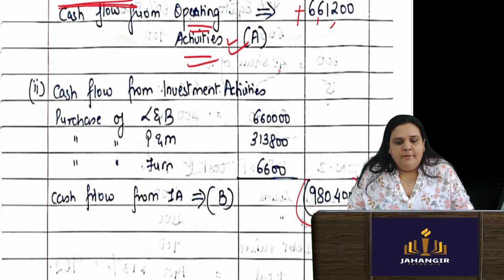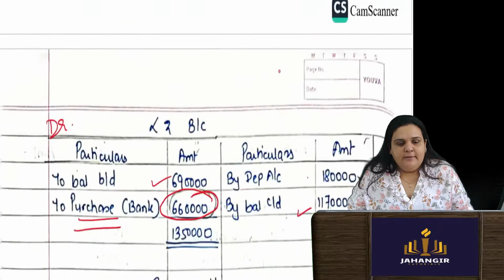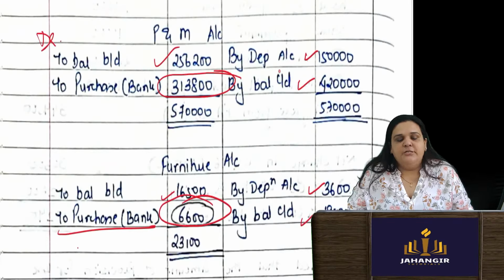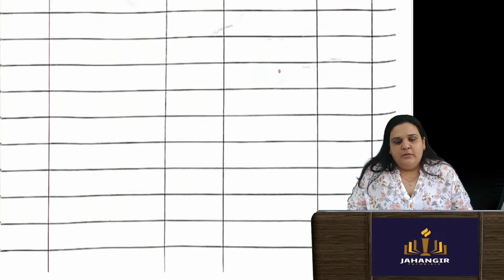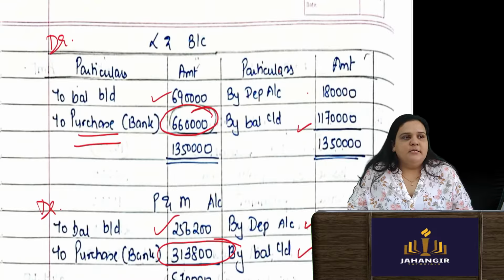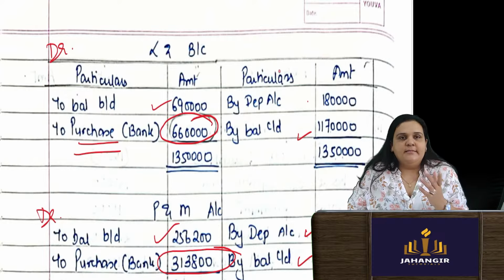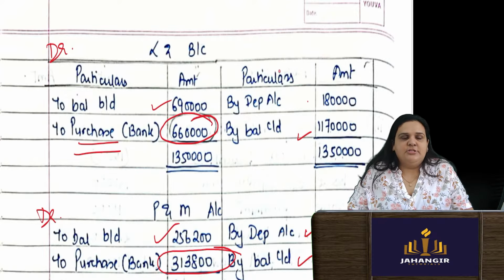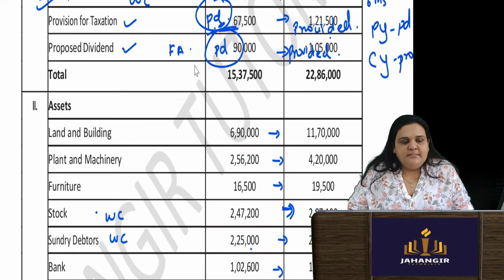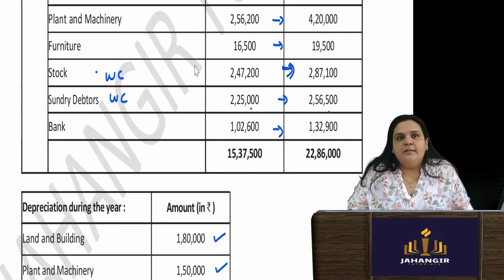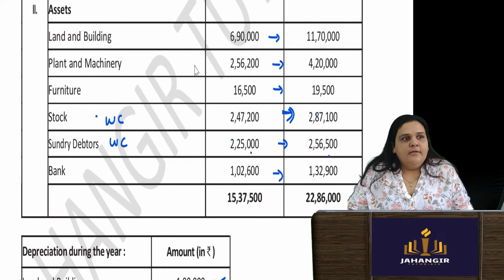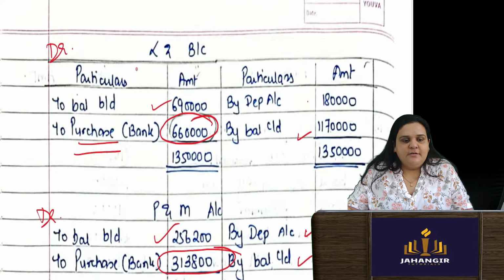Okay, now coming to the purchase of land and building, plant and machinery and furniture. Now these accounts are important. Now if you see land and building, since they have given me depreciation as an adjustment, I have not passed any journal in this sum. We will directly do it. Since depreciation has been given to me, I have to make the ledger. Okay, so 6,90,000 opening, 11,70,000 closing.